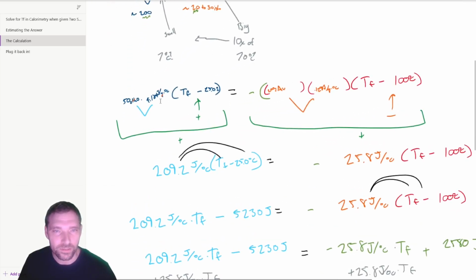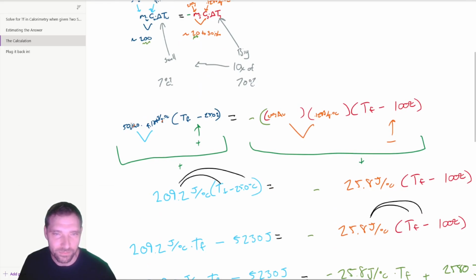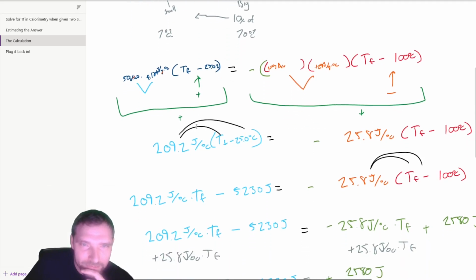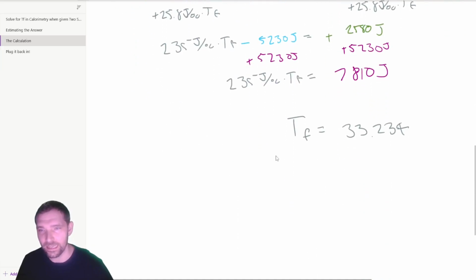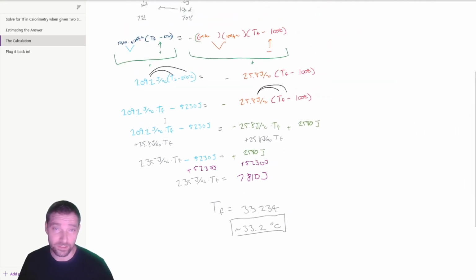These numbers were limited to, it's 50.0, so that really should be 3 sig figs. I'm seeing that ultimately this ends up multiplying out by things that are going to be 3 sig figs. So I'm seeing this as 33.2 degrees Celsius for our final temperature, which does seem reasonable with our estimate.